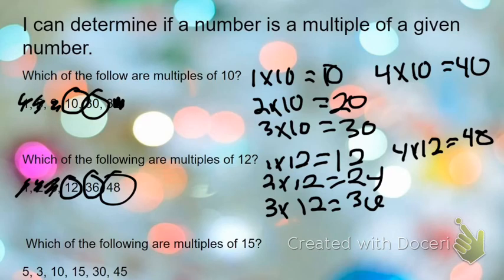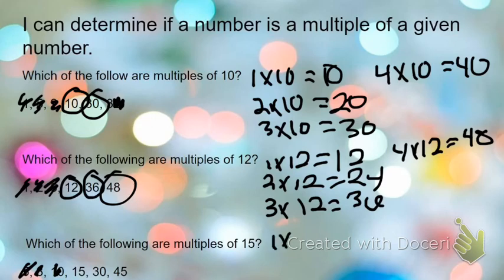Okay. Now, I want you to pause the video and complete the next problem, which is, which of the following are multiples of 15? 5, 3, 10, 15, 30, or 45? Okay, hopefully you found the answer and you started off by thinking, well, anything less than 15 is not going to be an answer. So bye-bye 5, bye-bye 3, bye-bye 10. Now I'm left with 3 possible options.